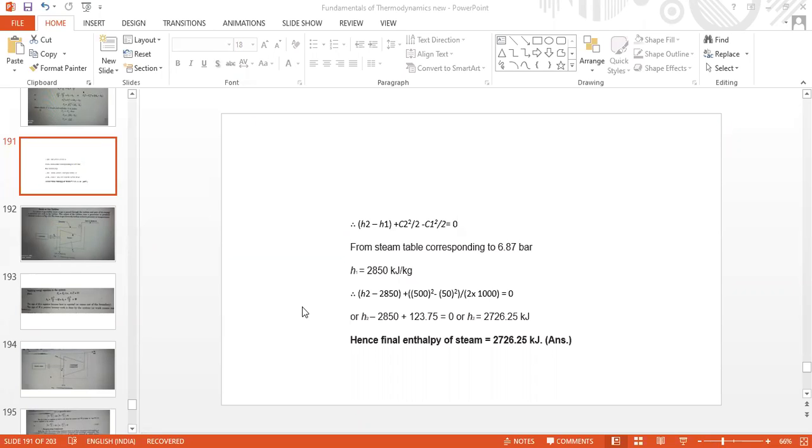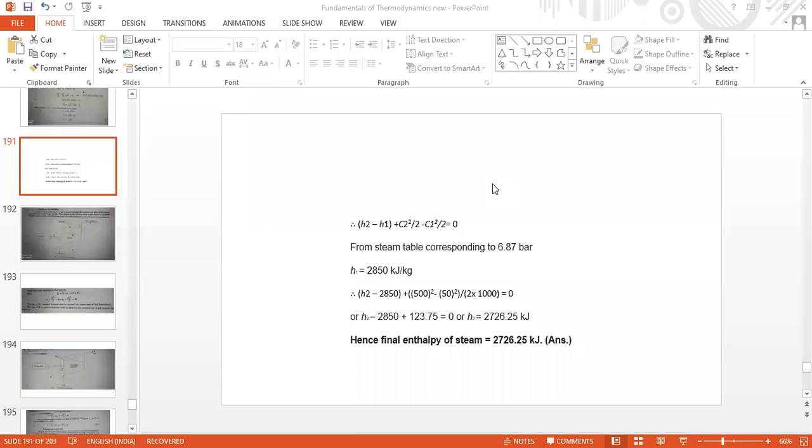Okay, here in this equation, H2 minus H1 plus C2 square by 2 minus C1 square by 2 equals 0. What do we mean by C1 and C2? See, these are not unique notations.